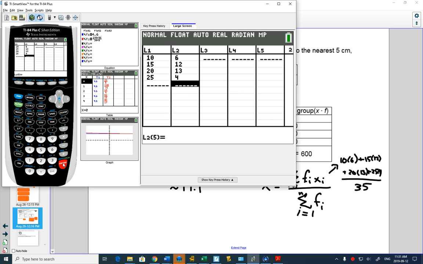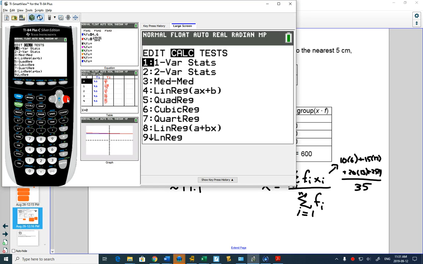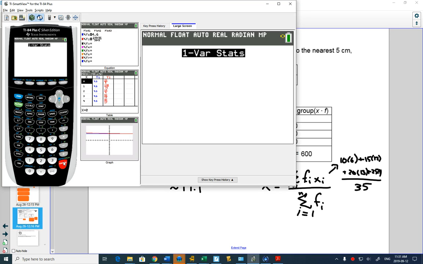Now that I have my data in my calculator, go Stat, over to Calculate, 1 var stats. Again, mine comes up with list 1 and list 2 here. Yours, you might have to write list 1, comma, list 2.